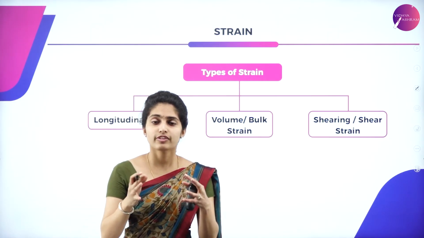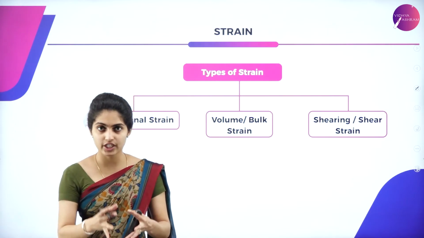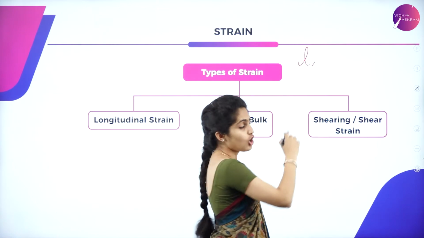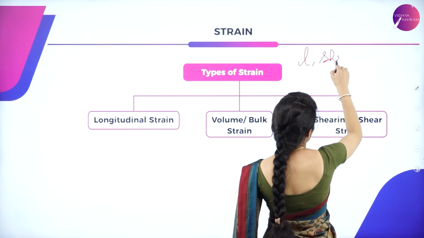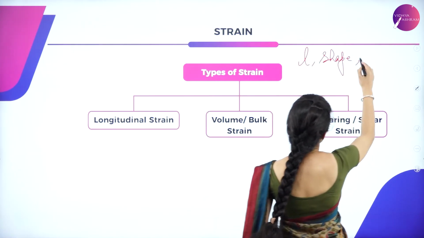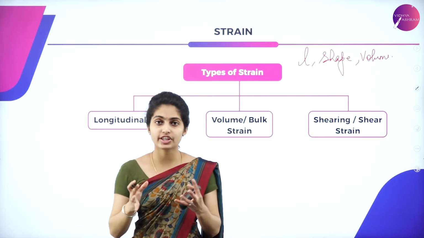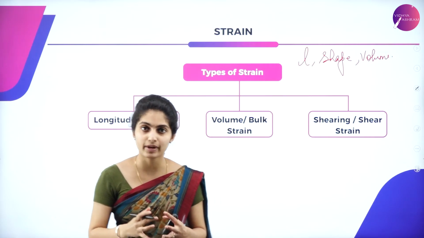When there is a change in configuration, either the length will change, or its shape will change, or its volume will change. These are the changes which take place when stress is applied on an object.